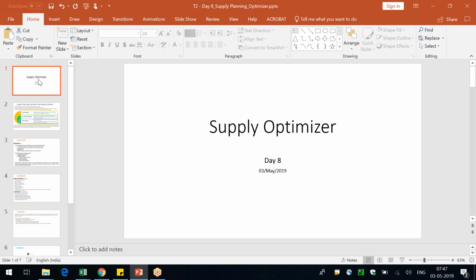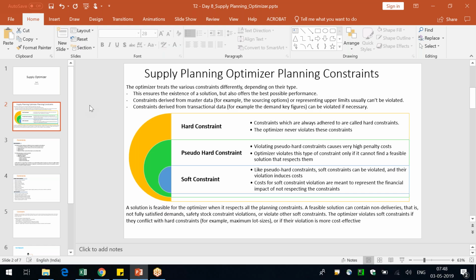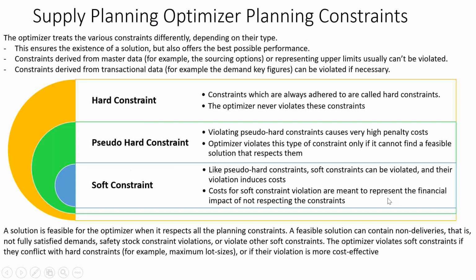So in all my three implementations that I have done in IBP, the customers are also using heuristics, and heuristics are still being widely used. Optimizer is also there, but heuristics are also being considered. So it's not just that the optimizer is all about the supply planning.